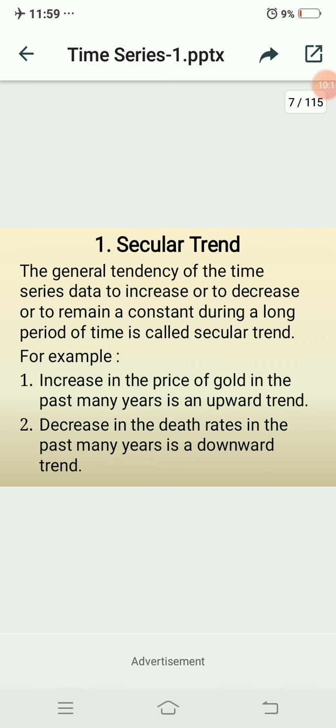Okay, for example, you need to consider 2010 to 2020, there is a lot of difference in the gold rate. Okay, and in the present situation you have to consider how much the gold rate is increasing. It is always in the upward trend.